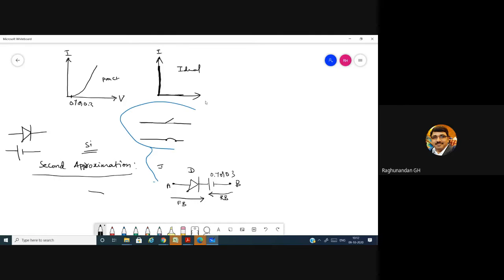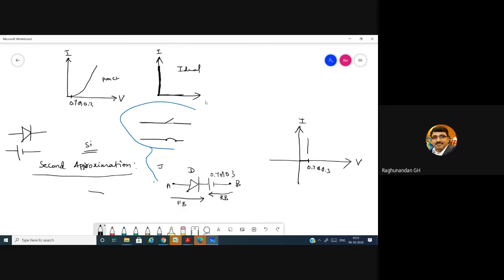So considering this, they again plotted the graph, current versus voltage. Now they analyzed that after 0.7 or 0.3, until that, whatever voltage you apply, the current will be zero.